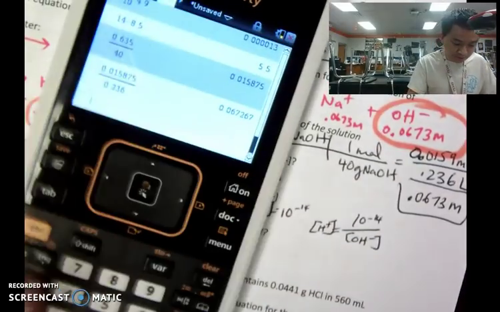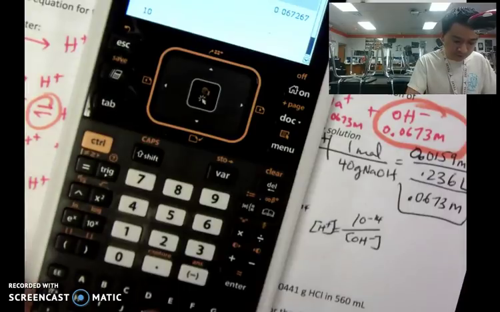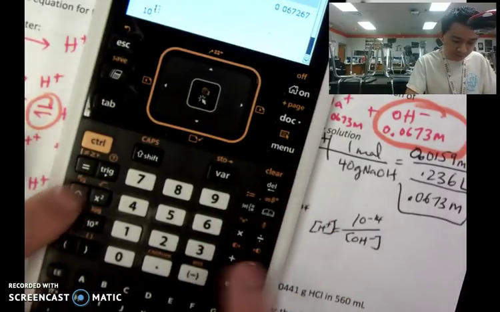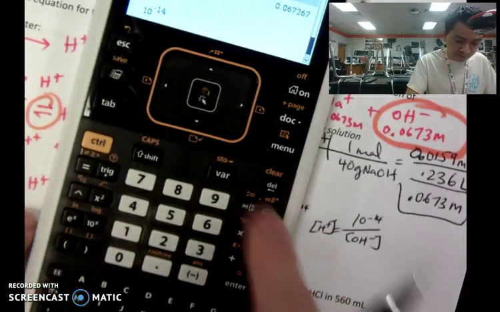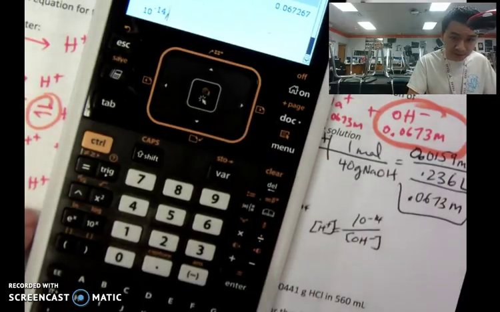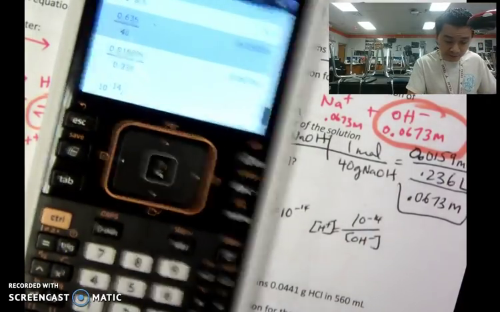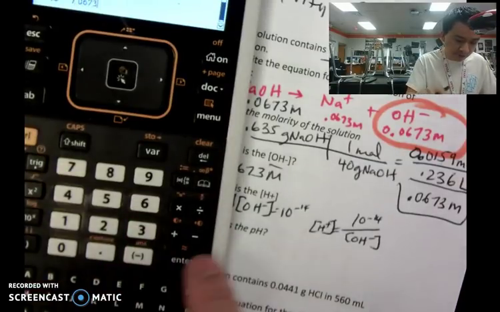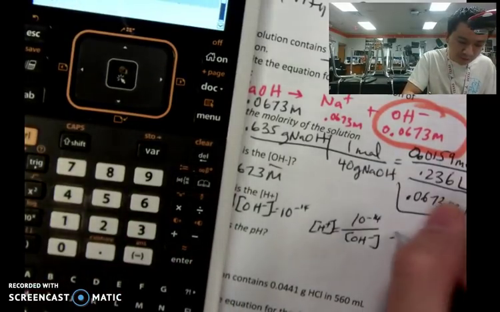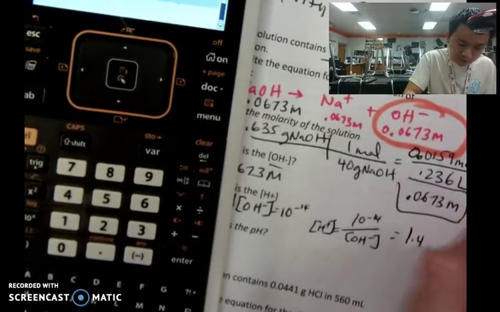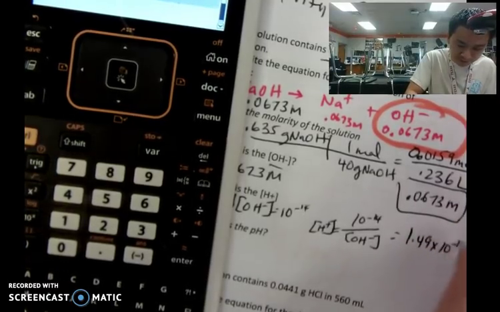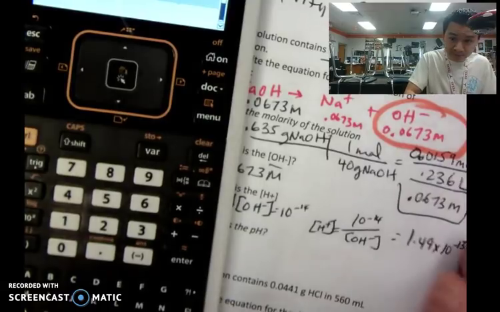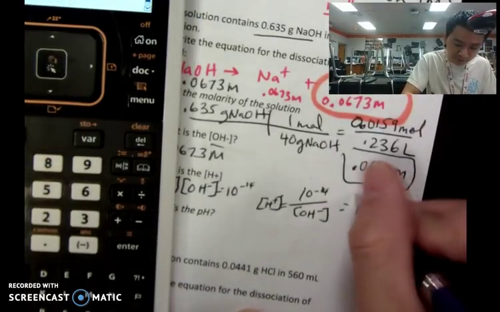So 10 raised to the negative 14 divided by OH, which is 0.0673. Enter. So I get 1.49 times 10 to the negative 13 molar. That's my H plus.